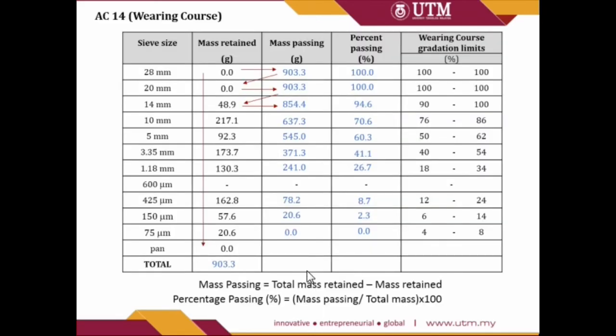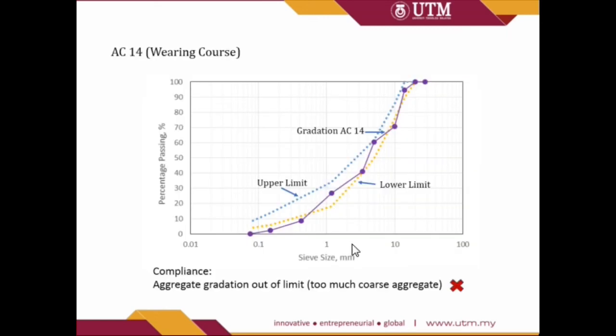This table shows the result of aggregate gradation for wearing course and the calculation as shown in the table. Again, please do your own calculation to verify the values using the formula given. This figure shows the plot of aggregate gradation obtained for wearing course.